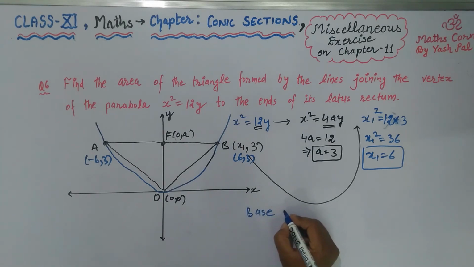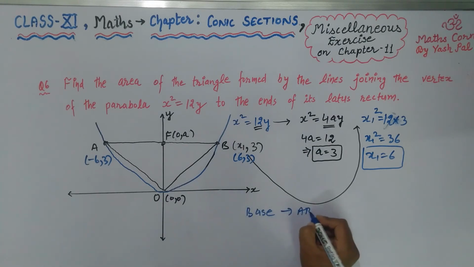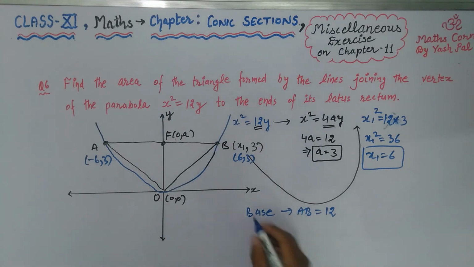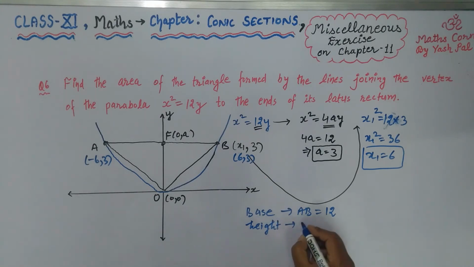Now what we can say, this is 6 and this is also 6, so the base of the triangle AB is equal to 6 plus 6, that is 12. Also this height of the triangle is OF. What is this? OF is a, which is 3.